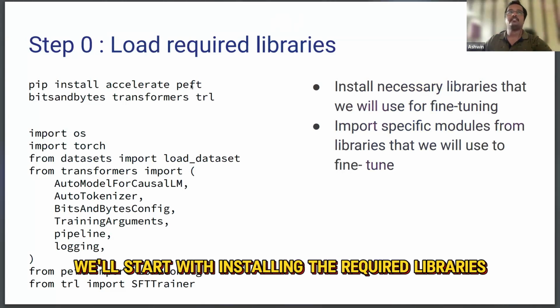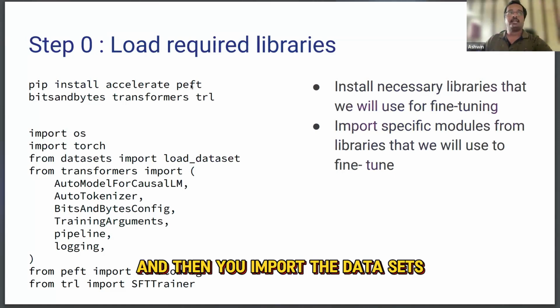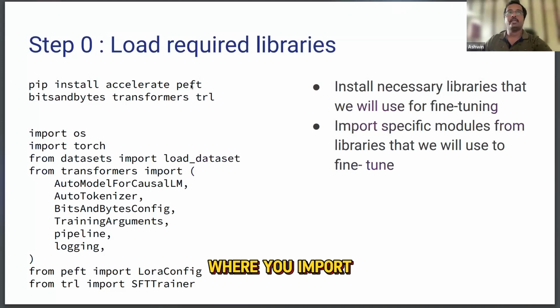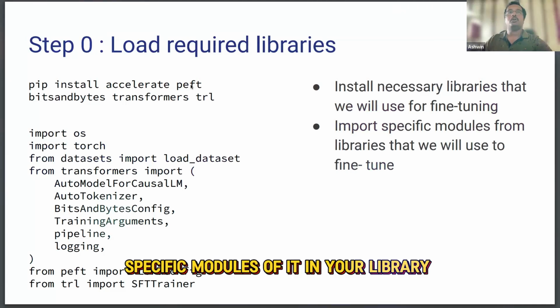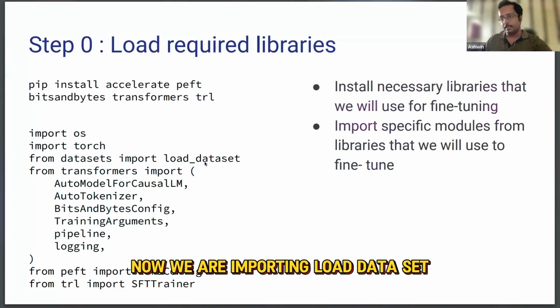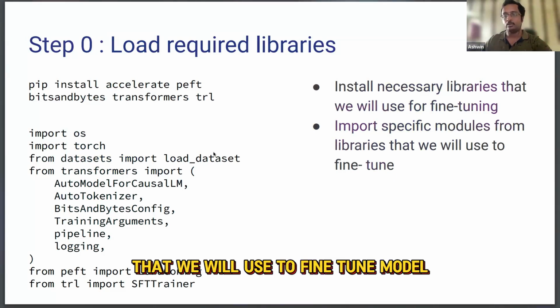So first we'll start with installing the required libraries, and then you import the modules. This is one of the good practices from the Python world, where you import specific modules within your library, whatever you need. For example, from datasets, we are importing load_dataset. This is what we will use to load the data set that we will use to fine tune our model.